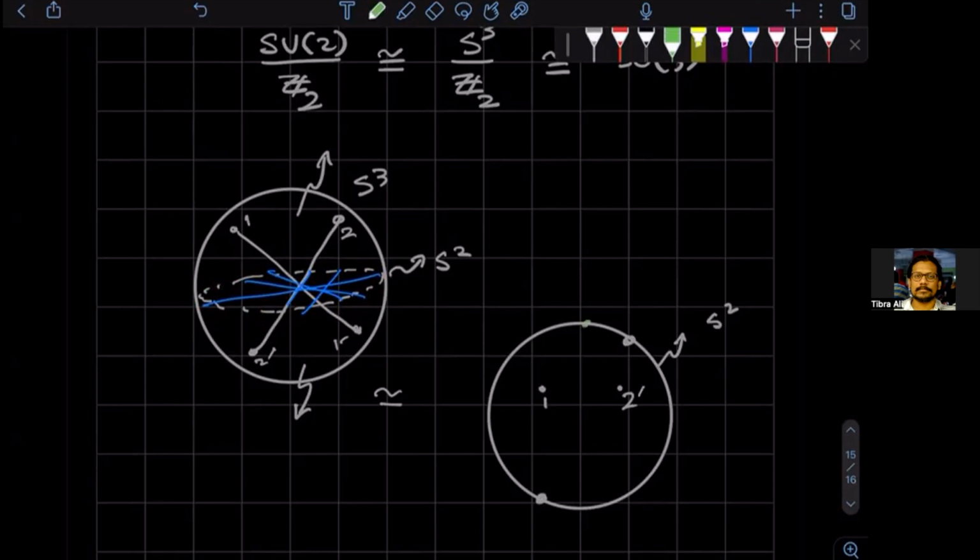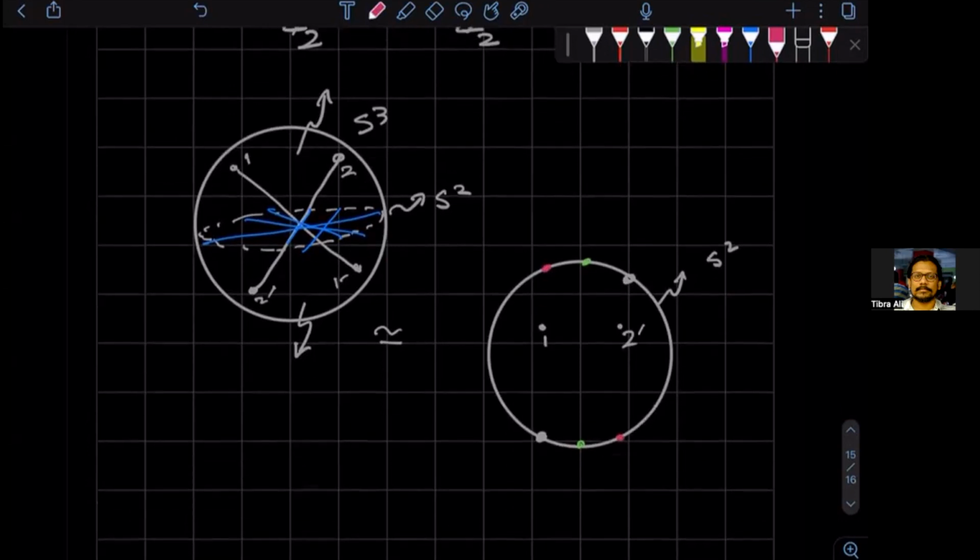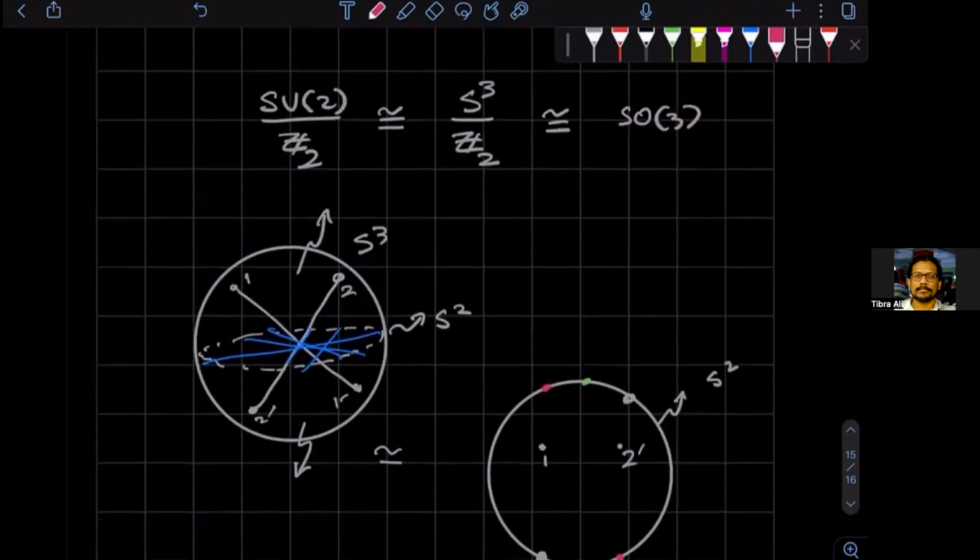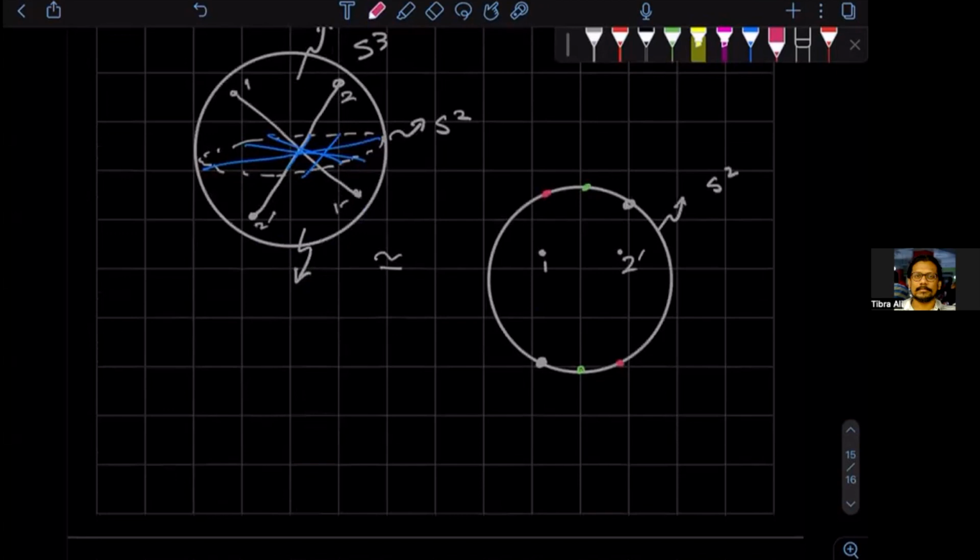This point is identified with this point. Okay, so we have a 3-dimensional disk-like thing, but with its boundary an S2 where the opposite points, the antipodal points, are identified.